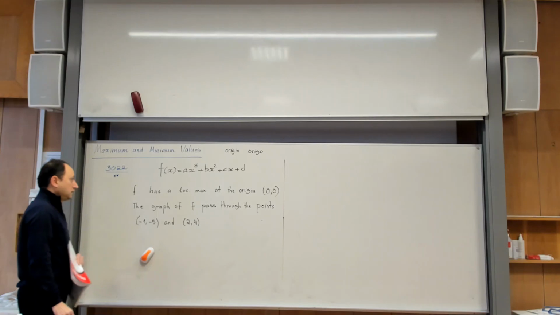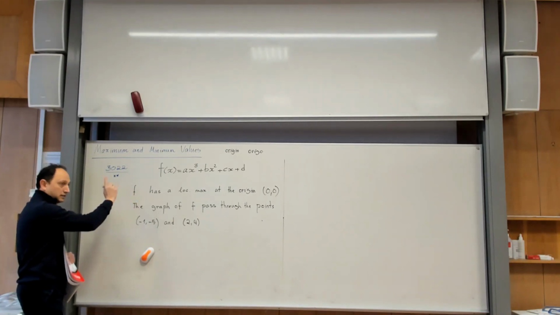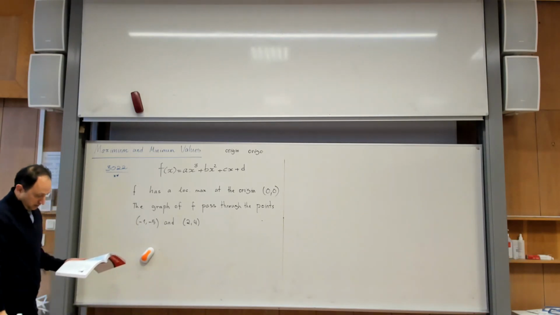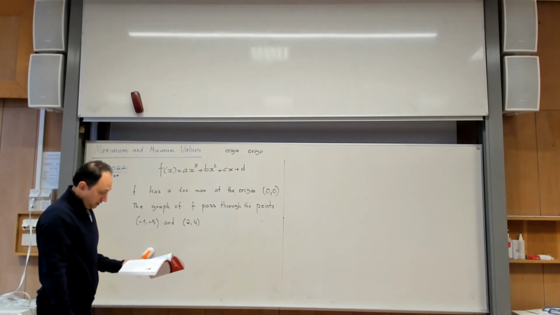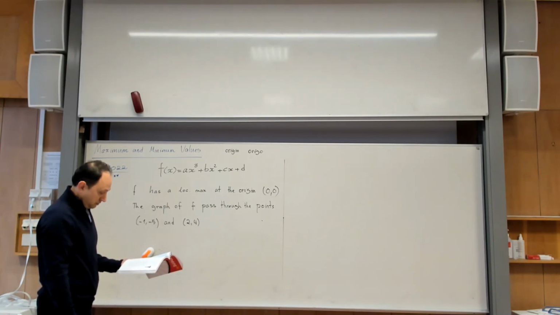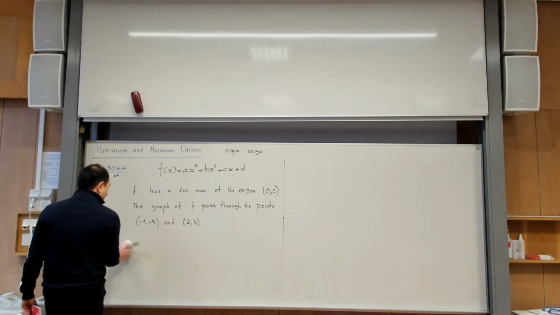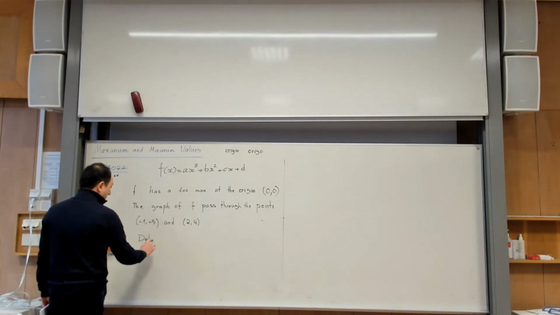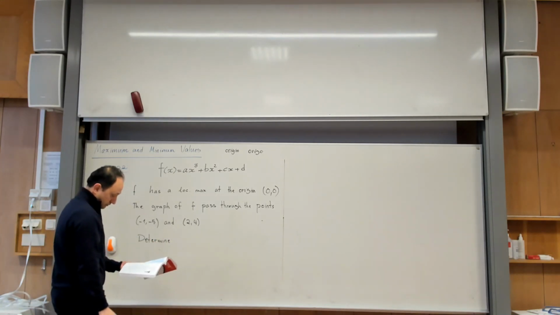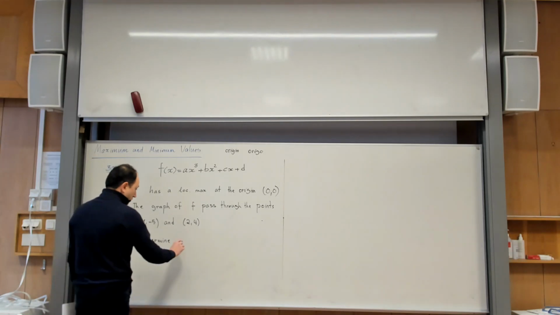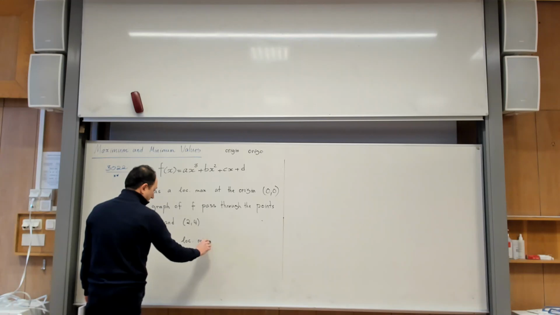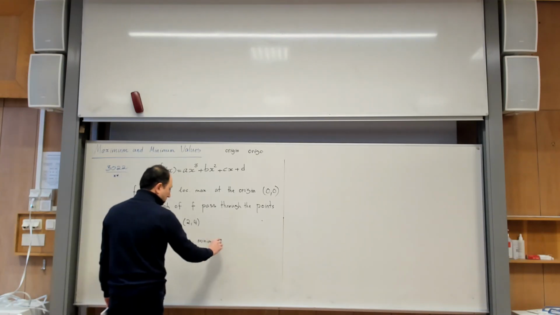So one piece of information apparently is this one, and 2 pieces of information here. You are supposed to determine the local minimum point or points.